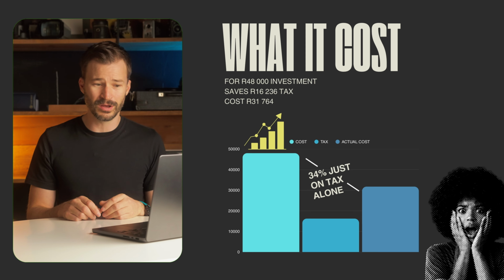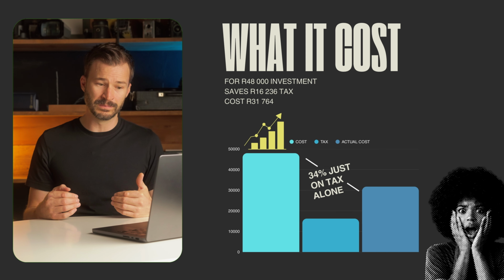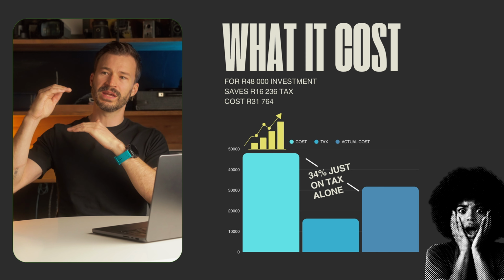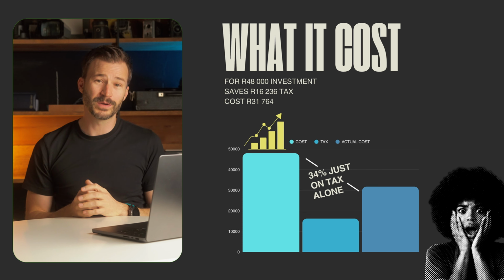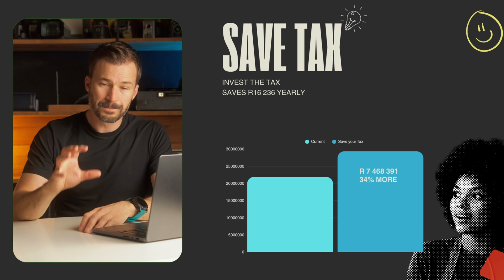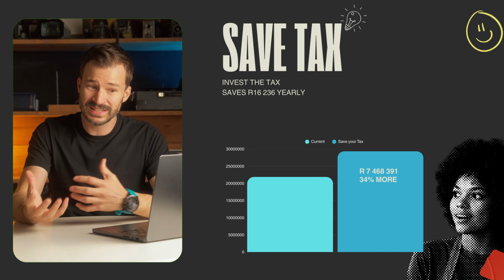In Lucy's example, she gets about 34% back from SARS. And so just on that difference alone, it is costing her 31,000 and she gets an investment of 48,000 Rand plus growth. All right. So the main benefit with a retirement annuity is the tax advantage.